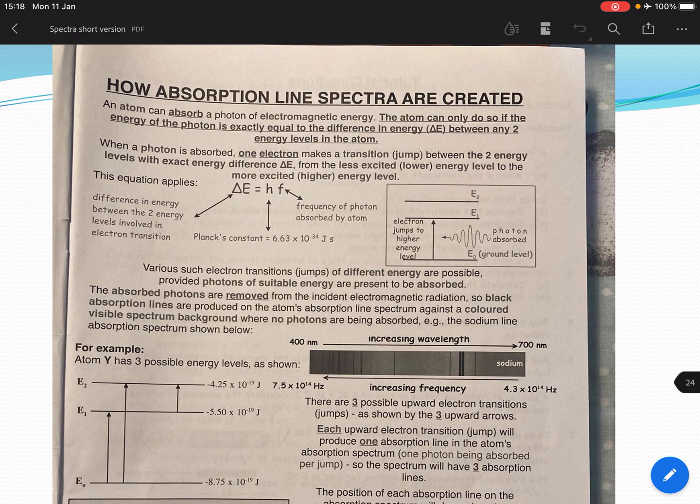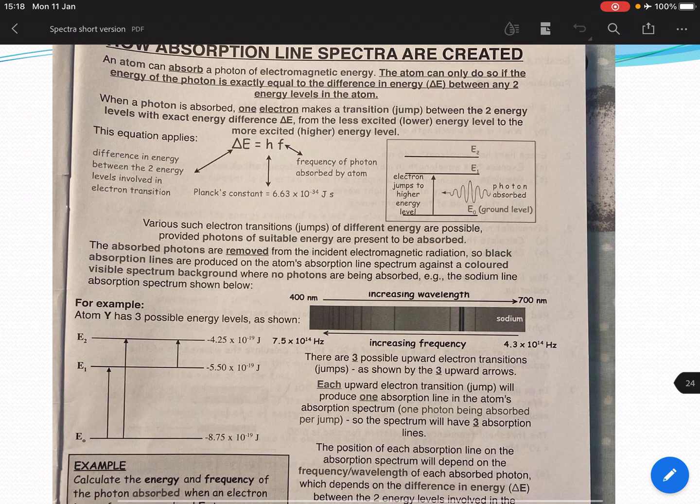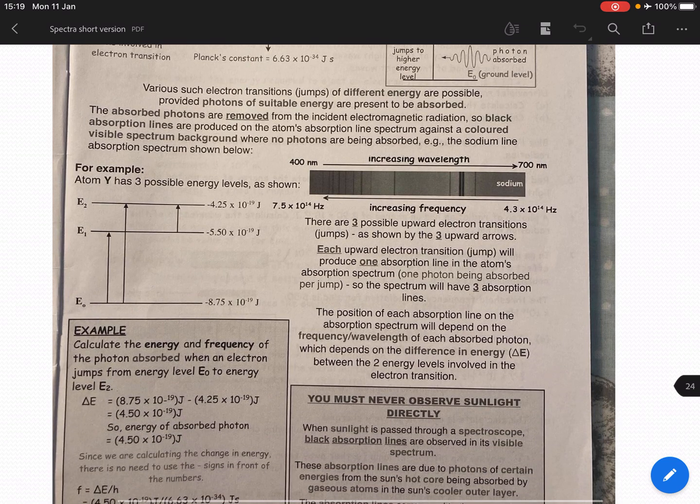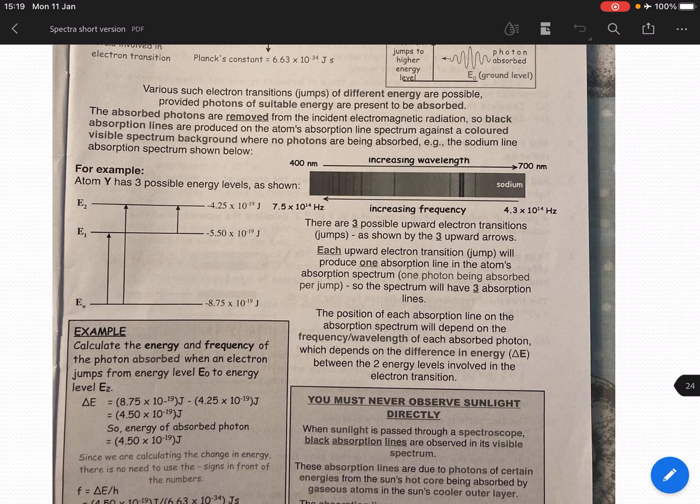How much energy it gains will depend on the energy levels it's moving between, and then the frequency of the light that is absorbed is worked out in the same way. It's just that this time, in your diagram, the arrows are all drawn upwards rather than downwards. So in this example there are 3 possible upward electron transitions.